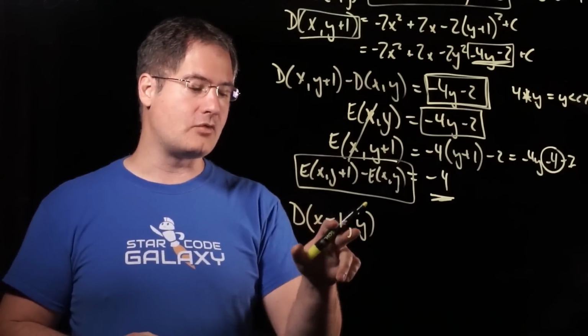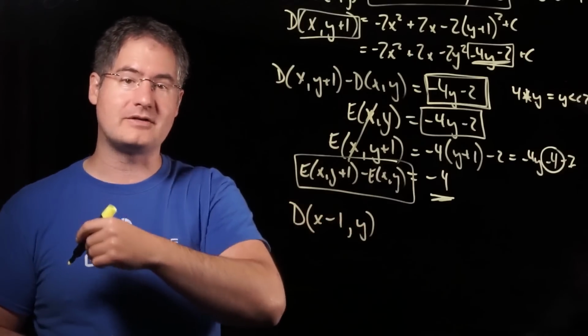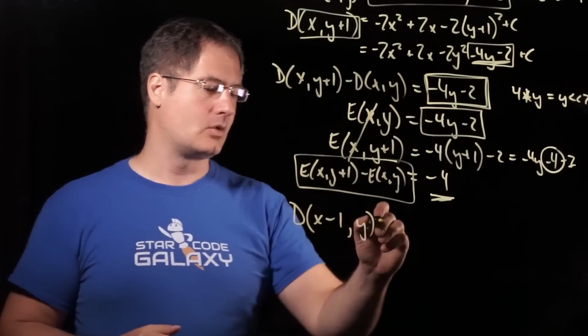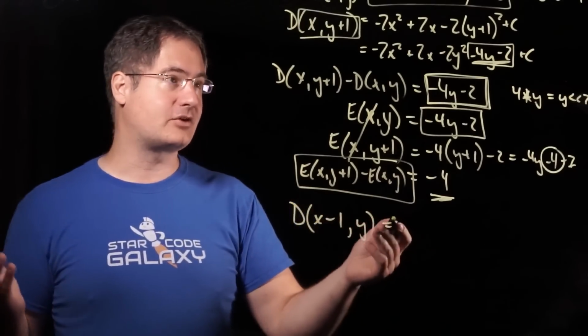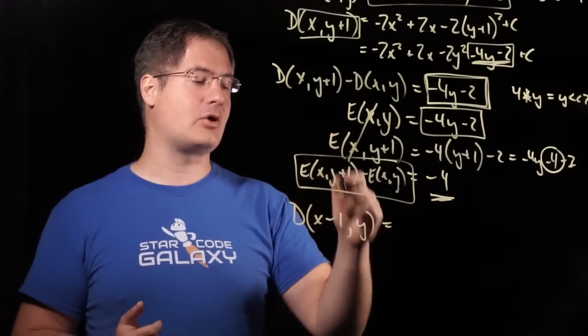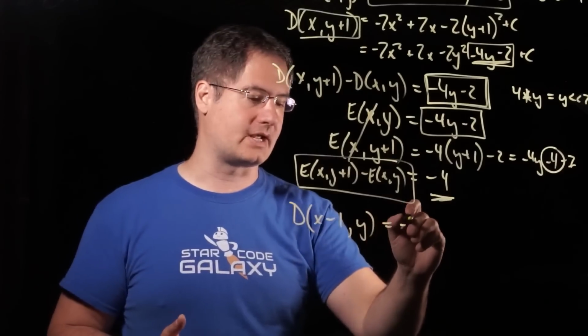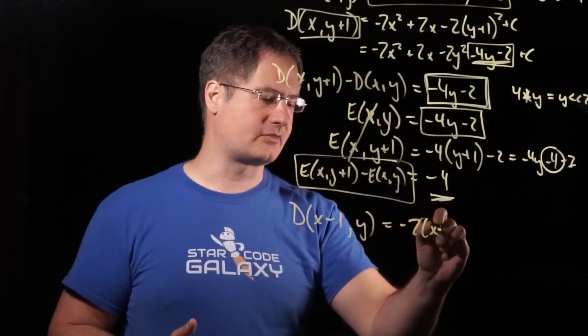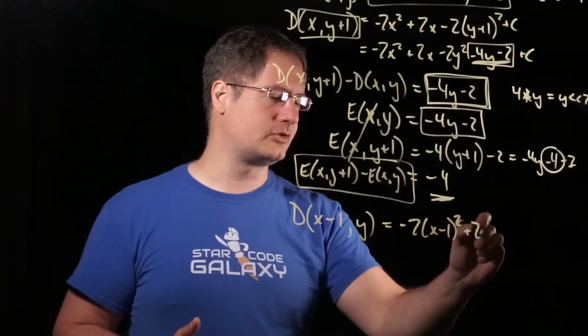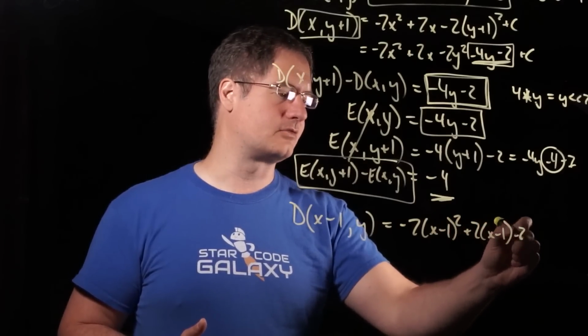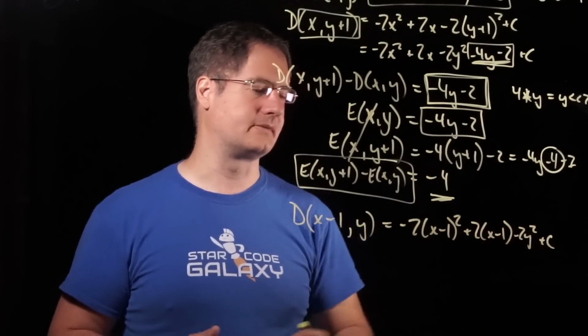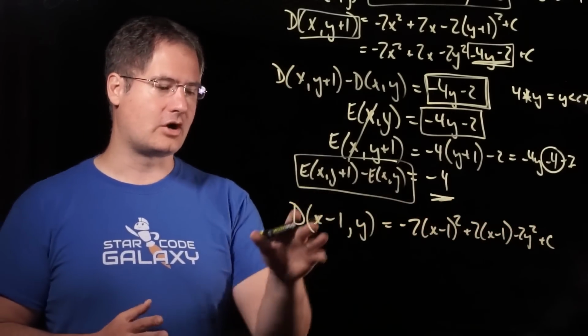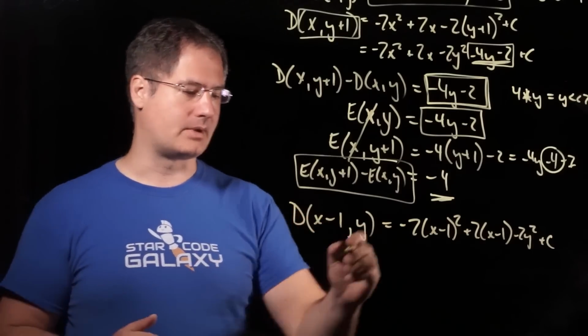So we need to know from the current y, if we were to step 1 to the left, what would happen? Well, same exact equation. It's literally the exact same thing, only we're going to plug in x to it now as x minus 1. So negative 2 times (x minus 1) squared plus 2 times (x minus 1) minus 2y squared plus c. That's our equation for when we move left by 1.